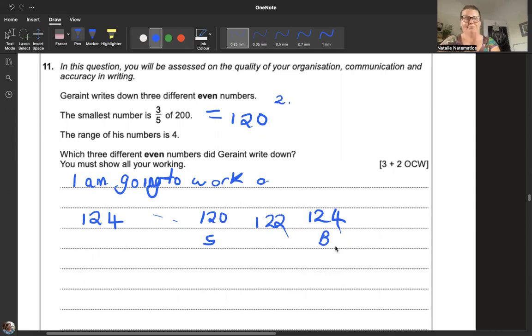And because Geraint has 3 different even numbers, the middle number must be 122, because that's the only even number between those 2 numbers. That's it, you're just explaining what you've done and organising it.